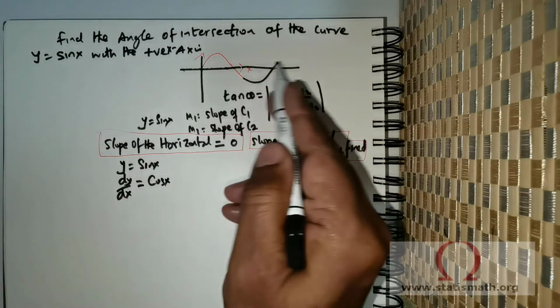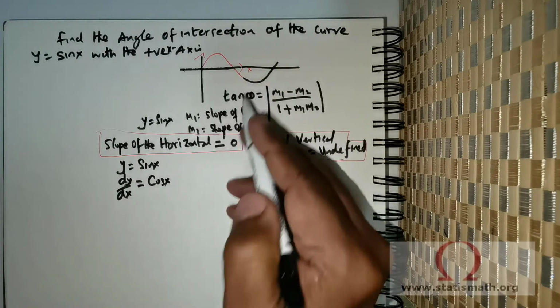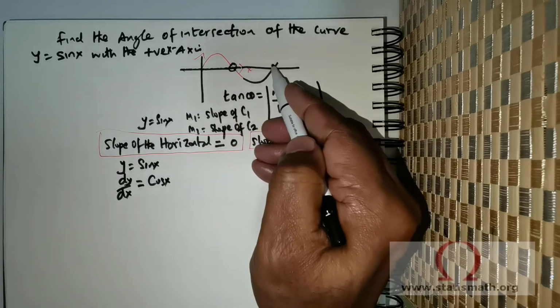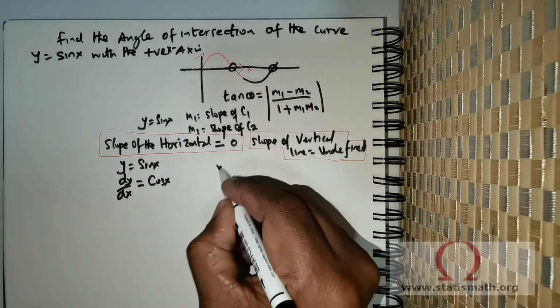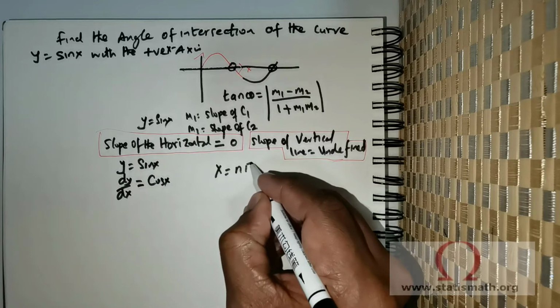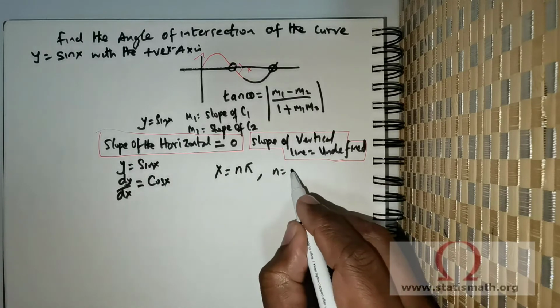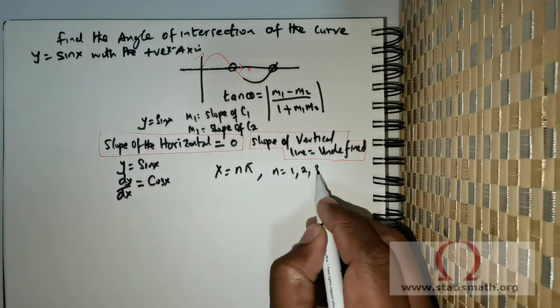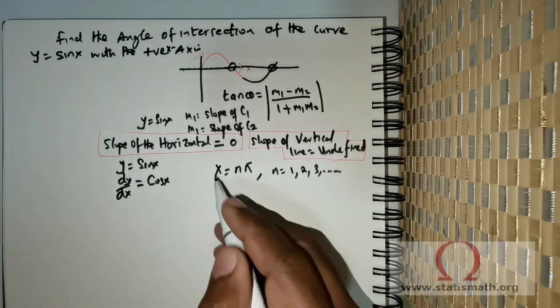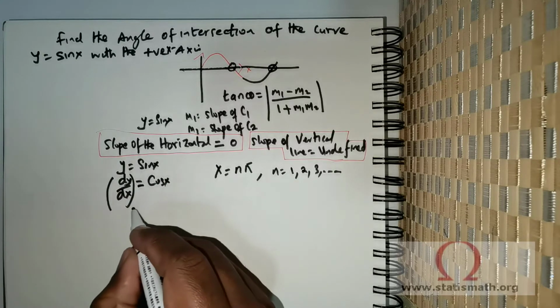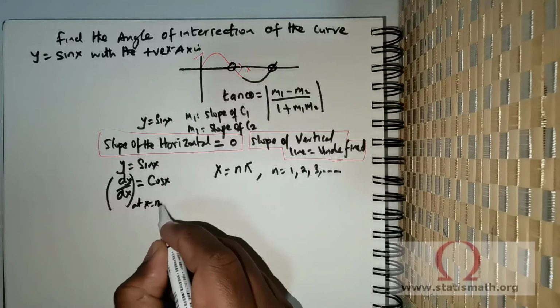So the points where the curve cuts the axis occur at x is equal to n times pi, where n takes the value 1, 2, 3 and goes on. So you are expected to find the slope at x is equal to n pi.